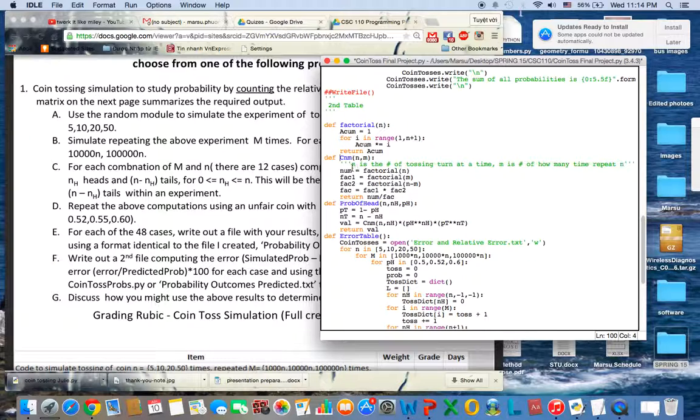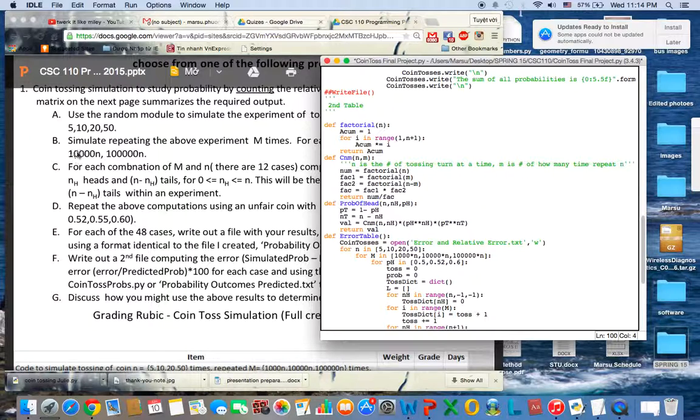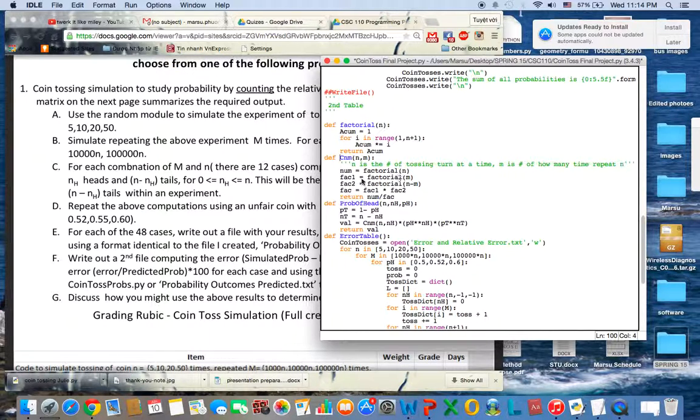And the second thing is the coin. M is the number of how many times. It's just like N is 5, 10, 20, M is 1,000, 10,000.